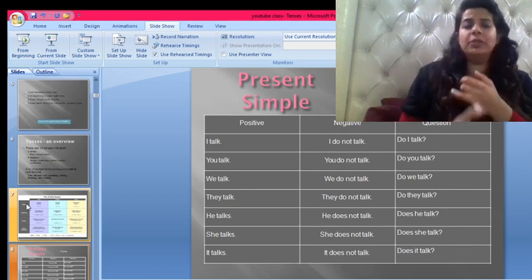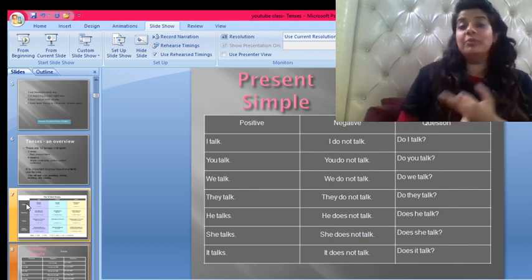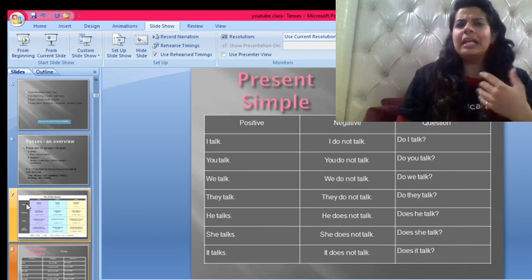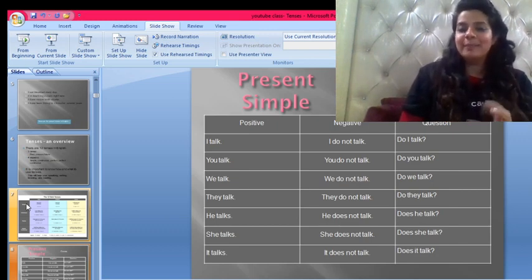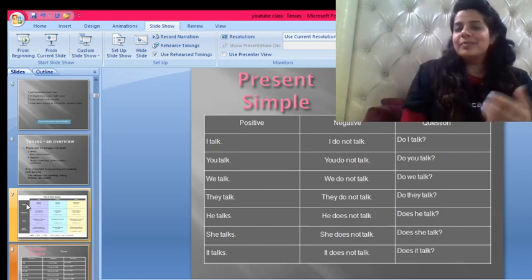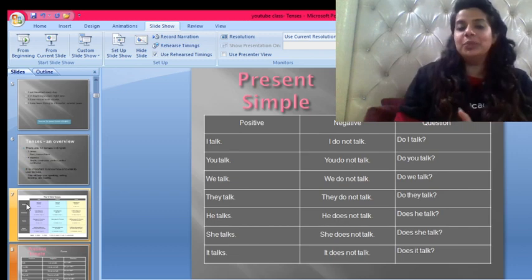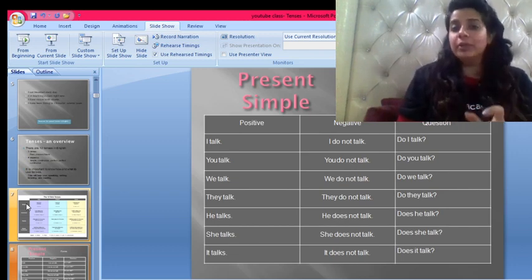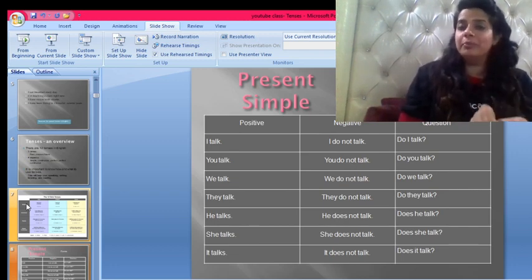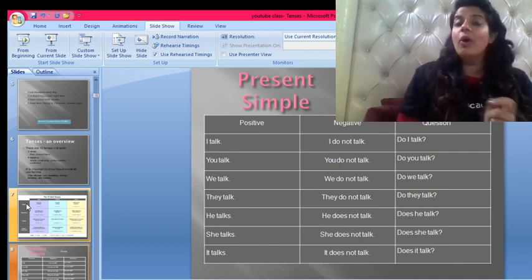So he will be used for males, she will be used for females, and it will be used for commodities or say animals, right? So it means this is one inherent rule of English grammar, that we use s after the verb when we are using the pronouns he, she, it, or we are talking about third person.